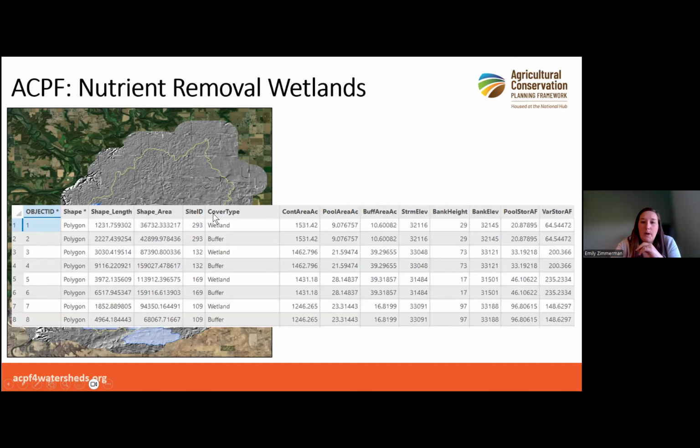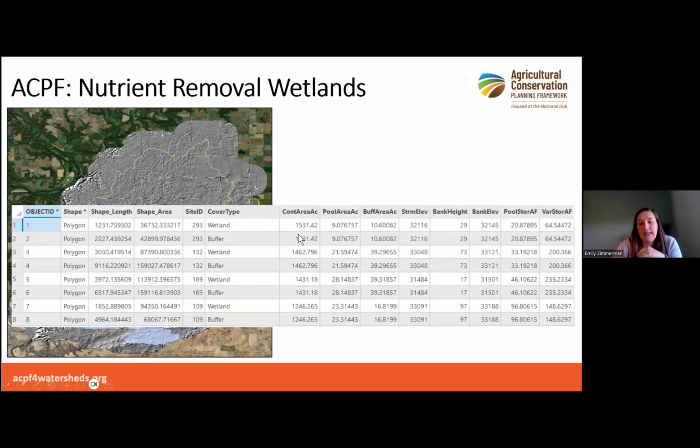The other thing I'll just throw up here is the attribute table, or the tabular data associated with wetlands that gets generated. So for each wetland location, if we look at the site ID, this is wetland number 293. There's a wetland portion, so that's the pool, and then there's a buffer portion of that wetland.